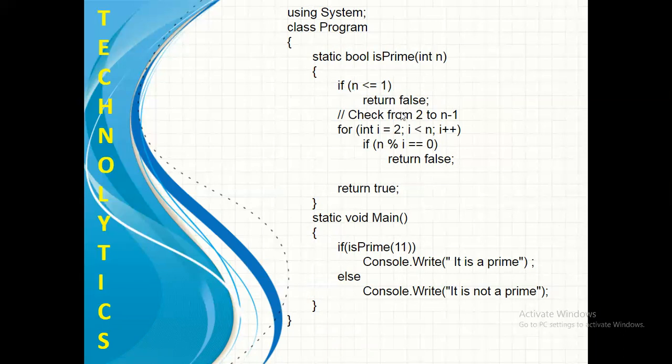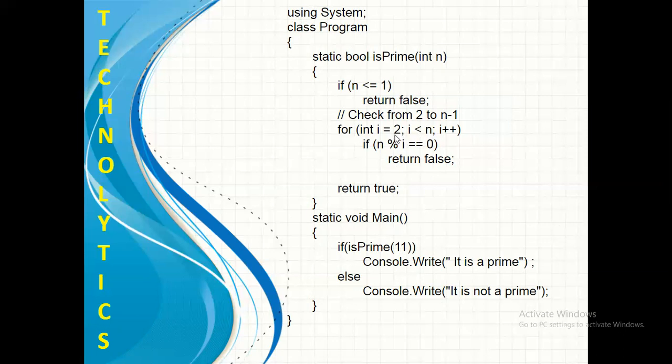Otherwise, it will go to the else part, and in the else part we have one for loop. This for loop begins with the number 2 and it will end at a number less than n. In our case n is 11, which means it will end at 10.